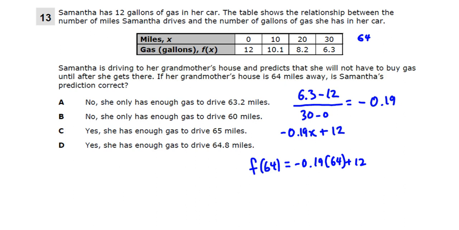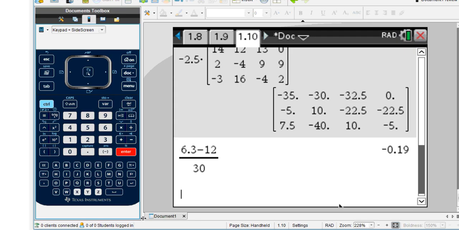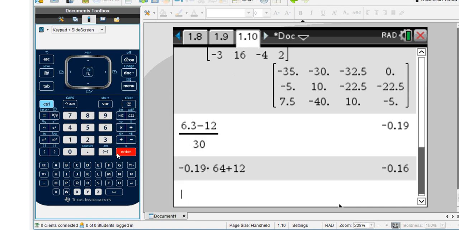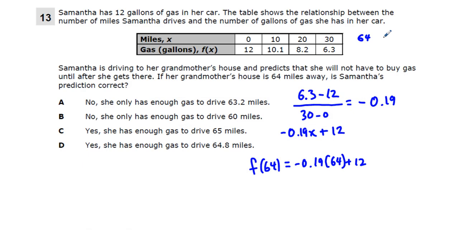Okay, let's try it out. Negative 0.19 times 64 plus 12. And what do we have there? It looks like we've run out of gas.